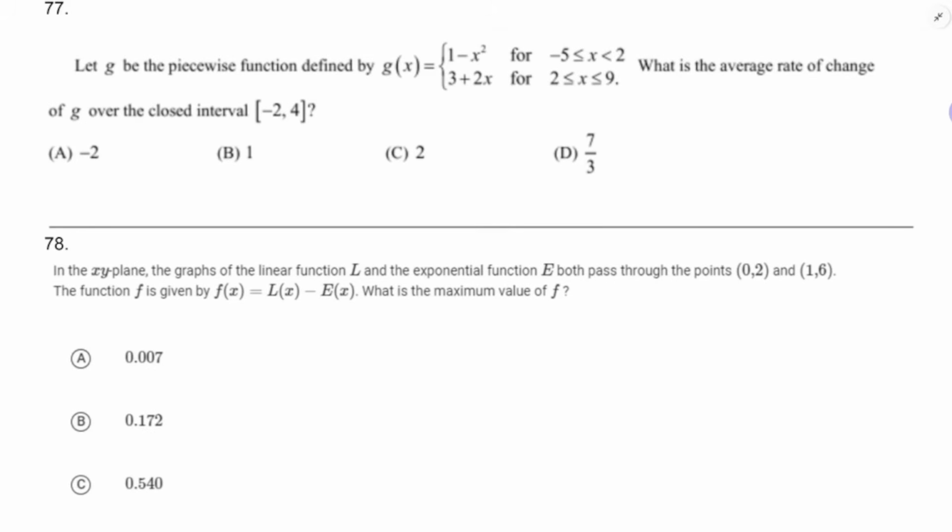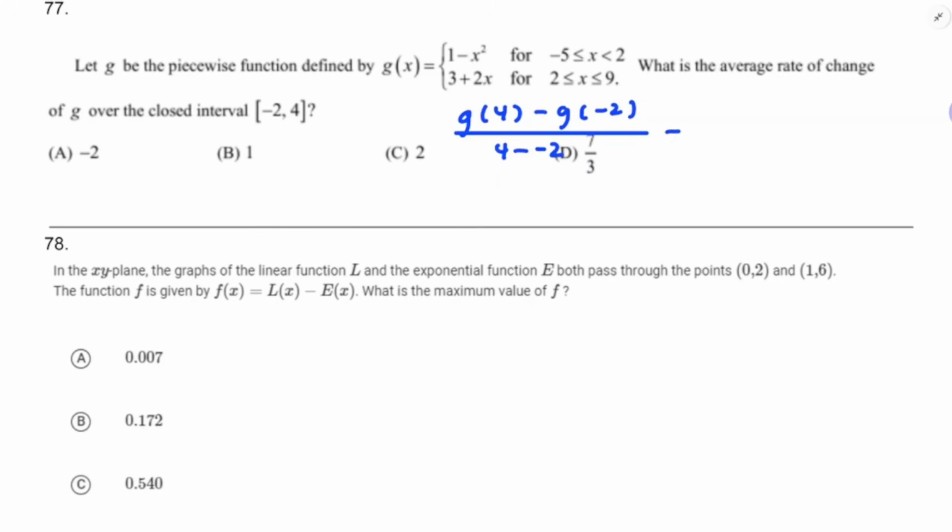Let g be the piecewise defined function defined by g of x equals this stuff on that domain. What's the average rate of change of g over the closed interval -2 to 4? So I just need to think about, for average rate of change, g of 4 minus g of -2 all divided by 4 minus -2.